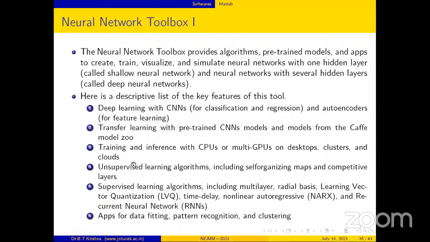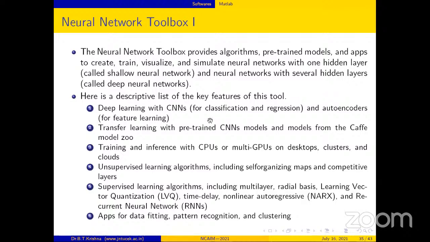At the same time, there is a neural network toolbox also. This is necessary whenever you are working with another subset of artificial intelligence, which is deep learning, which contains more number of layers. Deep learning is for big data.